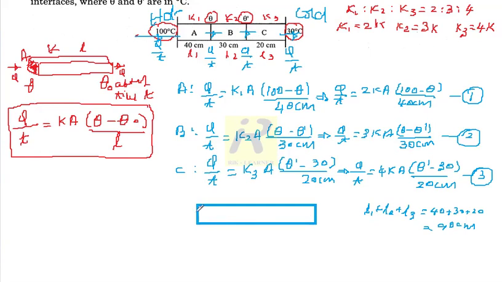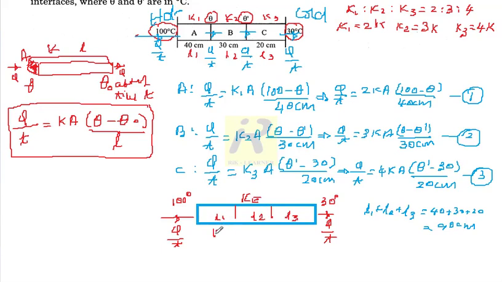Now we can make an equivalence: at this end at 100 degrees Celsius the rate of flow is Q divided by T, and at this end, at 30 degrees Celsius, the rate of flow is Q by T. The effective conductivity, say it is Ke. Now this is not a single piece, this is the combination of three, with L1, L2 and L3.